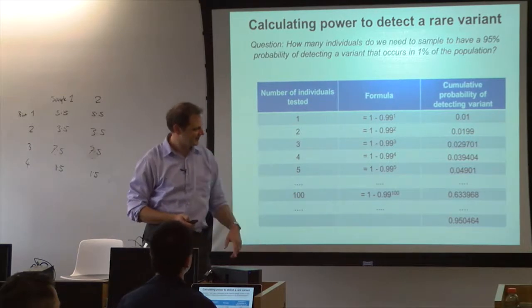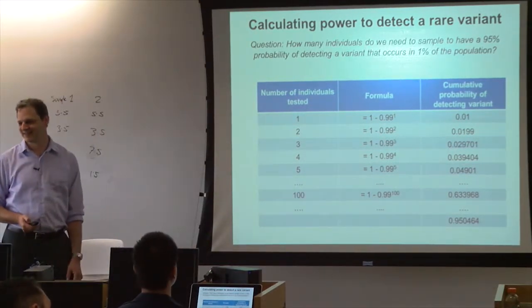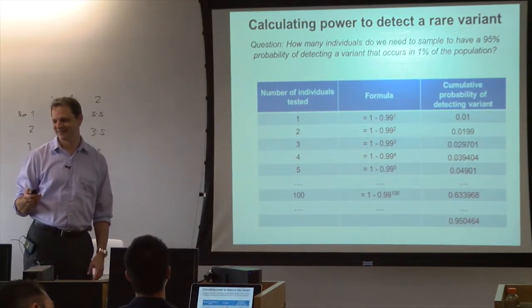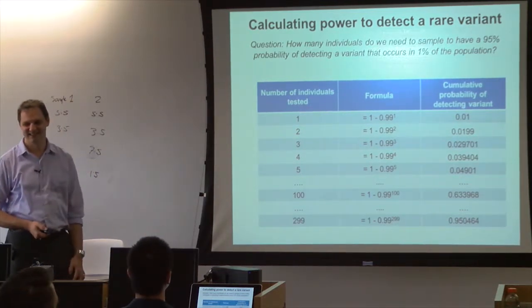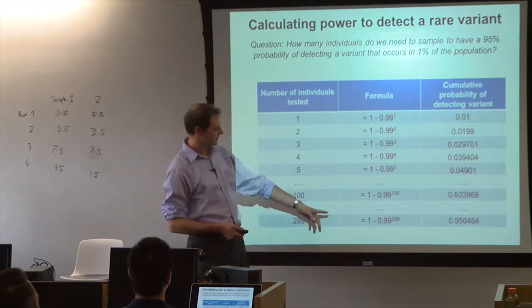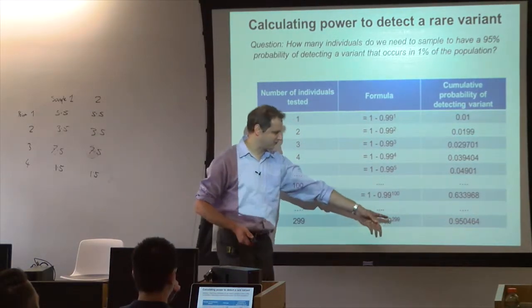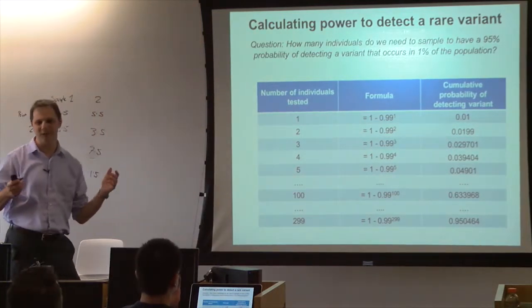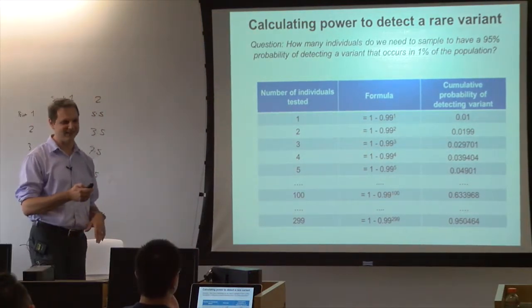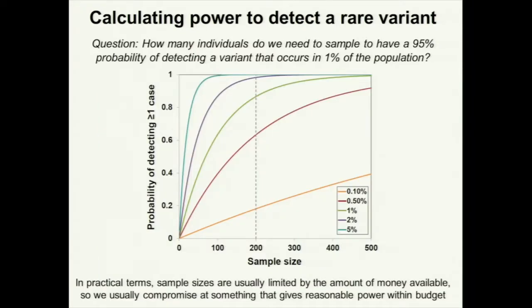You say 200? So it's actually 299. When you go up to 1 minus 0.99 to the power 299, you get a 95% chance of seeing at least one. So now that's 300 people. You're almost guaranteed to see a variant of 1% frequency.